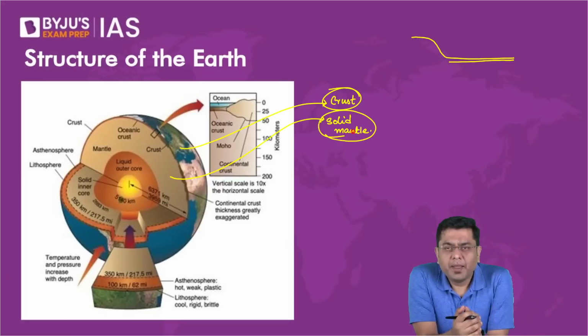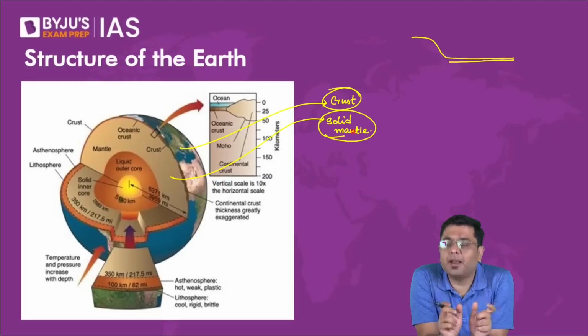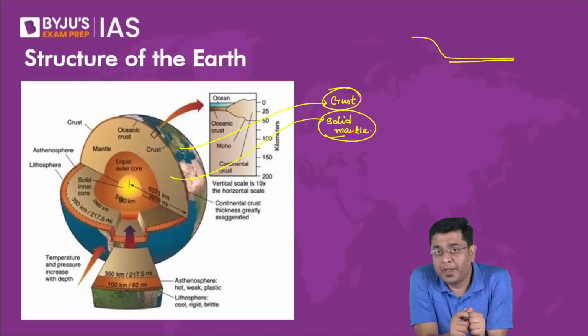Now, this mantle starts roughly around 50 to 70 kilometers below the surface. Not 5 to 7 meters, not 50 to 70 meters, 50 to 70 kilometers, right? Beyond the surface. That is where the mantle starts. Now, this mantle is in a solid state, barring an exception. In the portion of mantle slightly below the upper solid mantle, you have a weaker layer of a semi-solid, semi-plastic state of mantle, right?